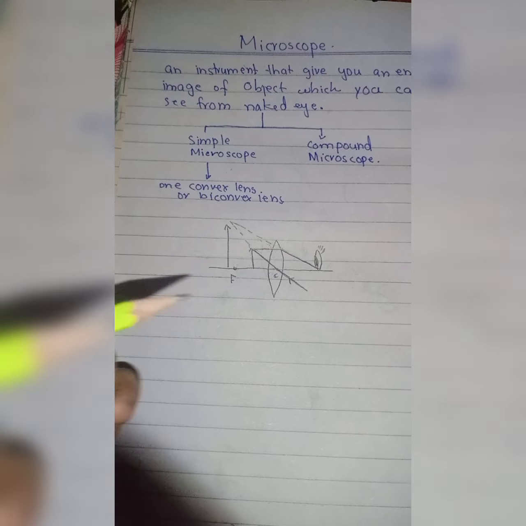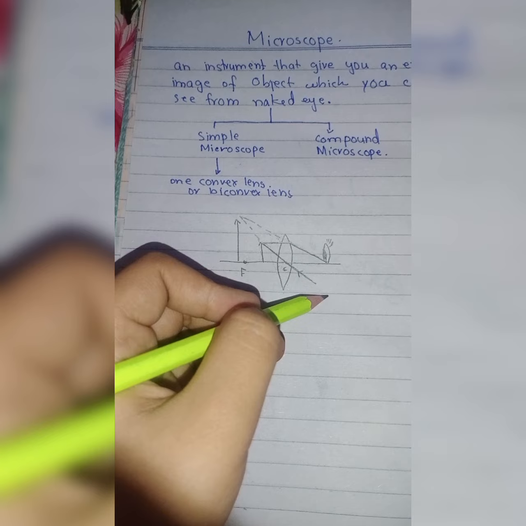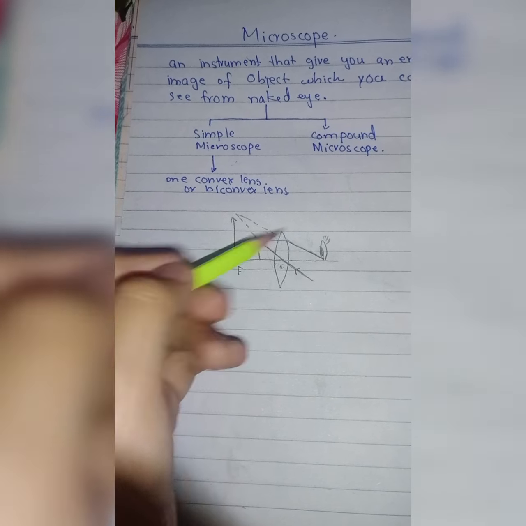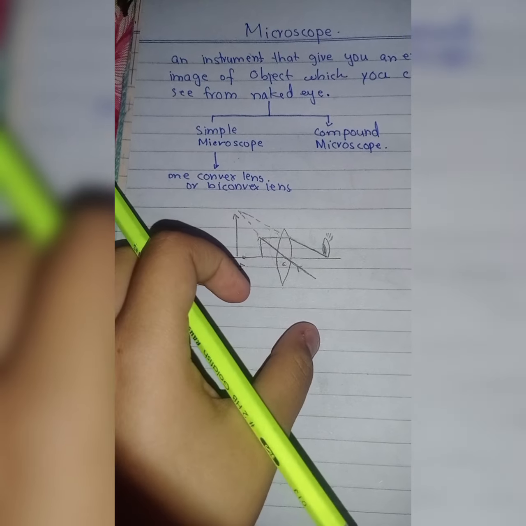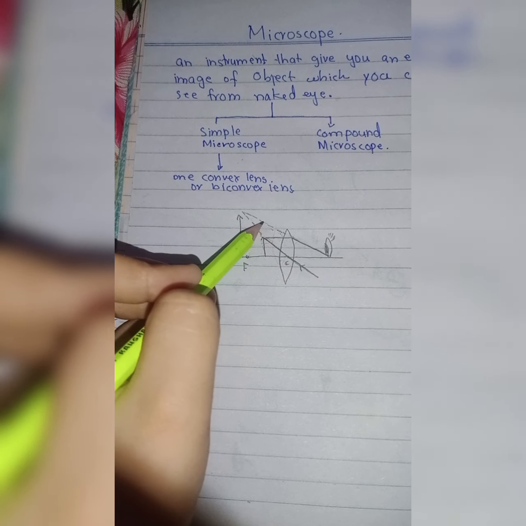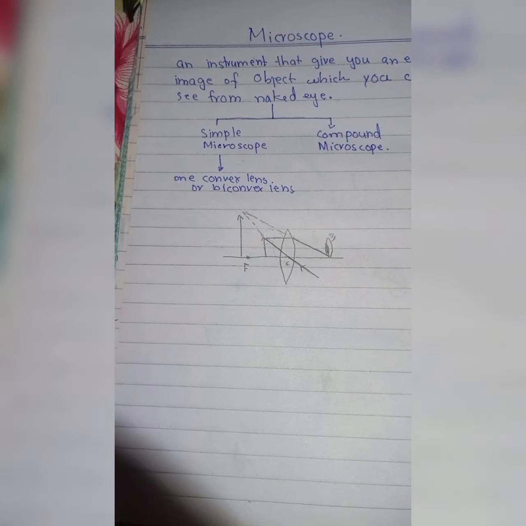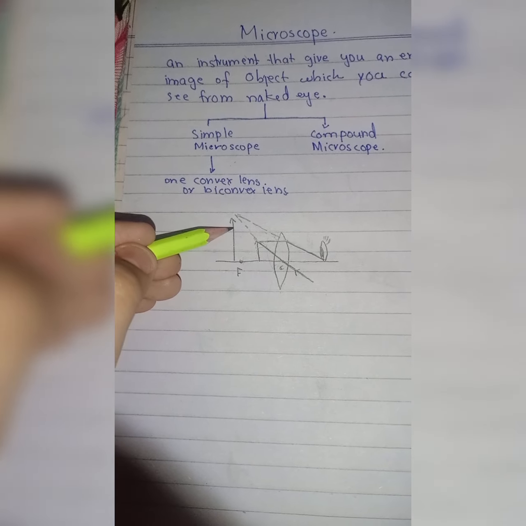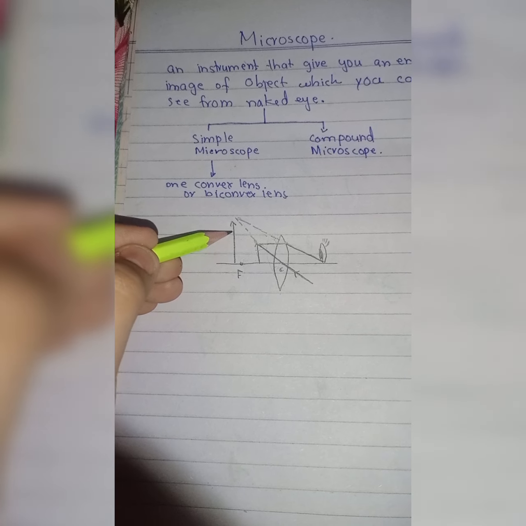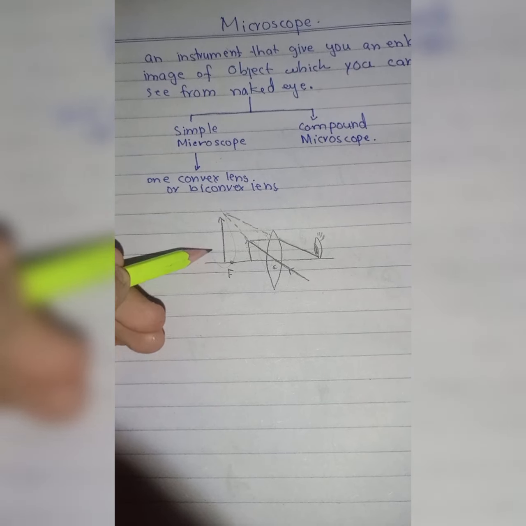Here you can see these both lines are parallel and they will never meet. For image formation, the lines must meet. So we move backward and extend the lines so they meet. Here the lines meet to form the virtual image. The virtual image is formed and we can see it from the eye. This is the enlarged image.